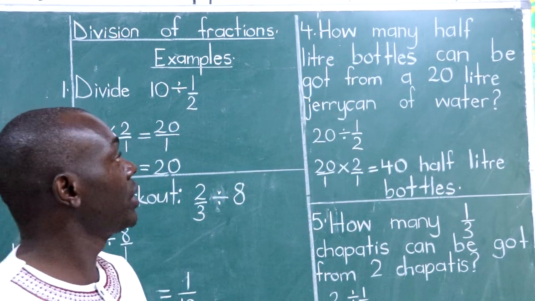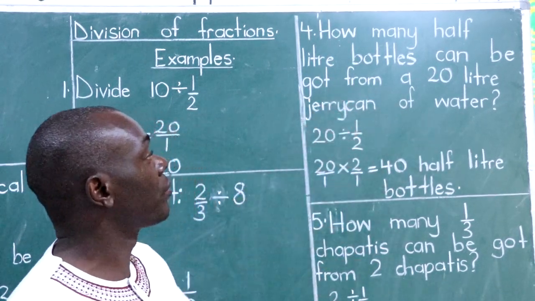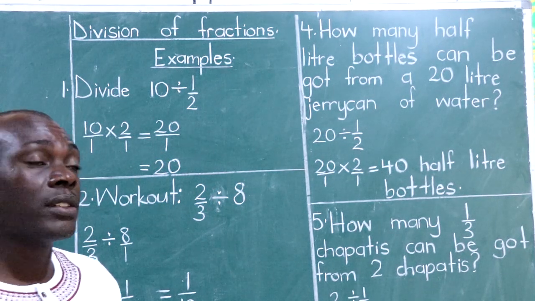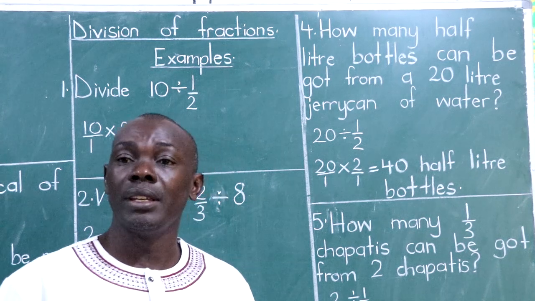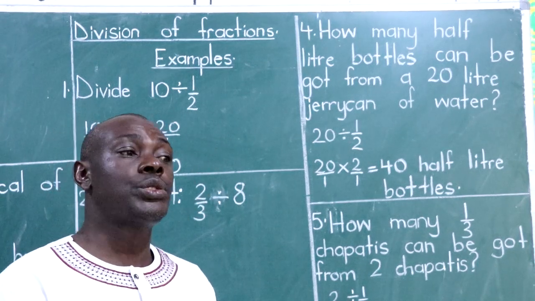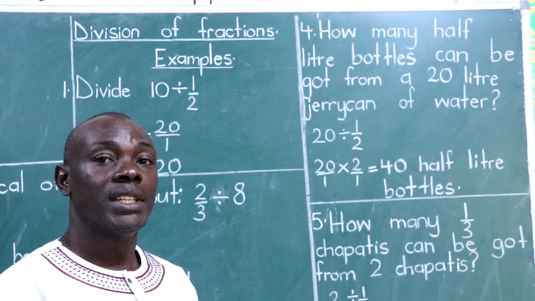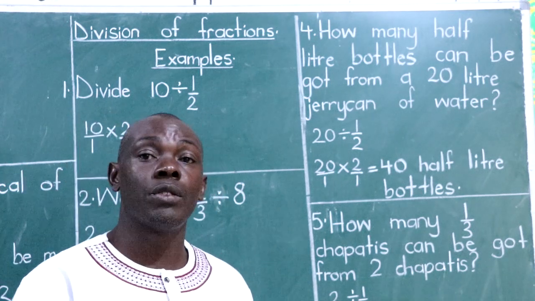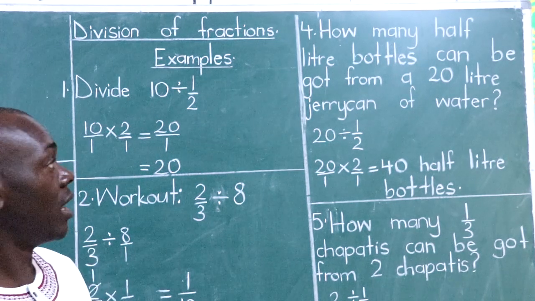So now the question reads, how many half-liter bottles can be got from a 20-liter jerry can of water? So in other words, we have a 20-liter jerry can to be subdivided into half-liter bottles. When you understand it that way, then you know you're going to divide 20 by a half.